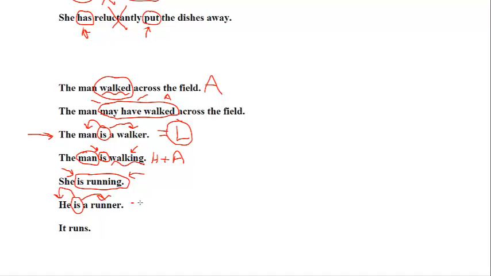It's saying that he equals runner. This is a linking verb. Linking verbs link the subject or rename the subject to a predicate adjective or a predicate nominative. It runs. This looks like an action. Action verb.